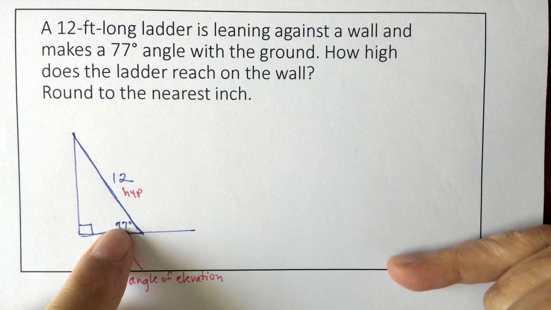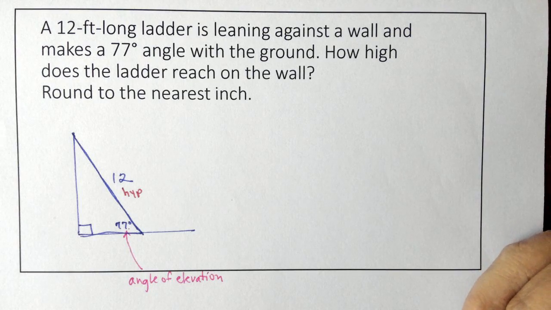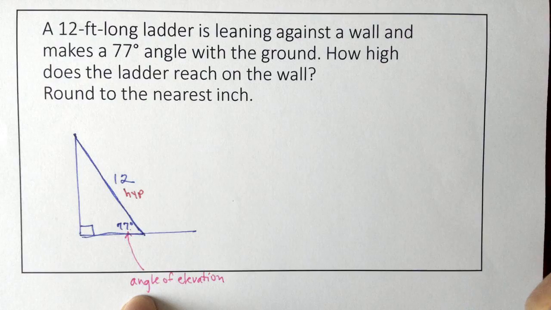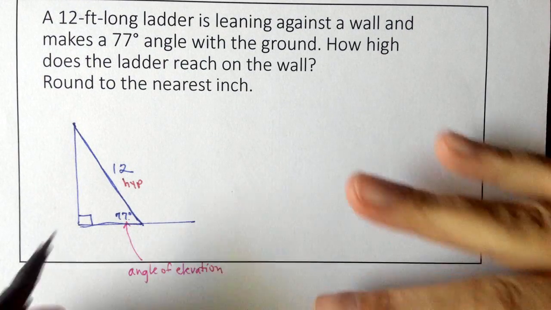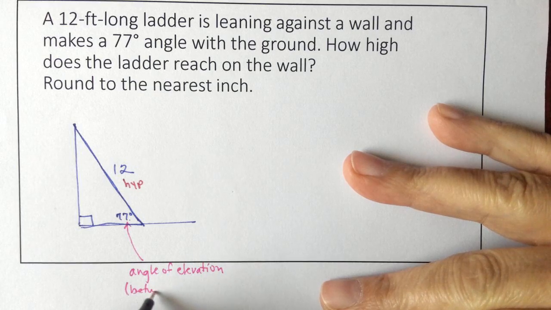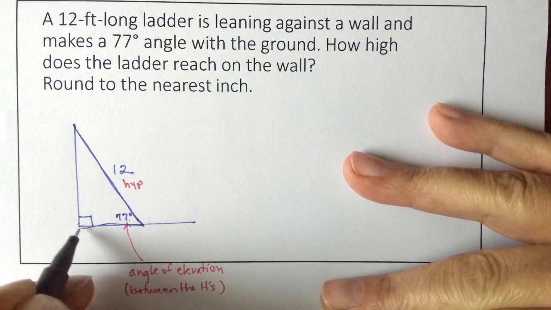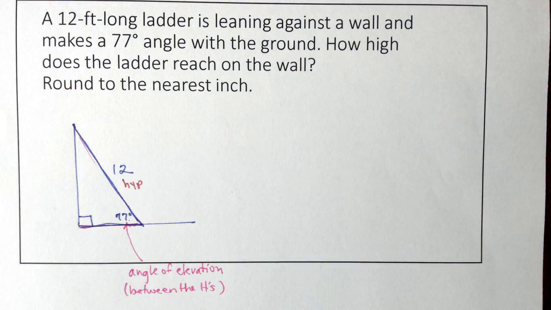We had to lean the ladder to a 77-degree angle so that it doesn't fall down or slide down the wall. Notice that the angle of elevation is in the bottom of the triangle just like the angle of depression was. So it's still between the H's, between the horizontal side and the hypotenuse, always.